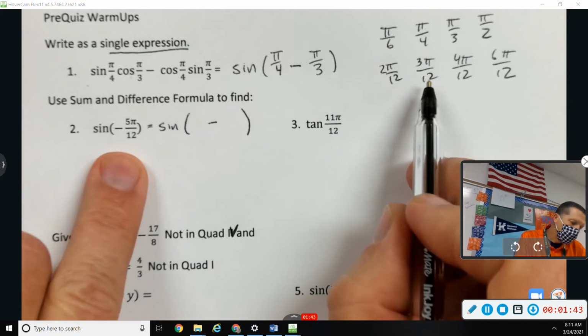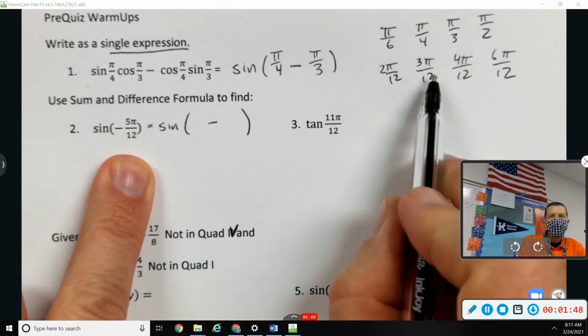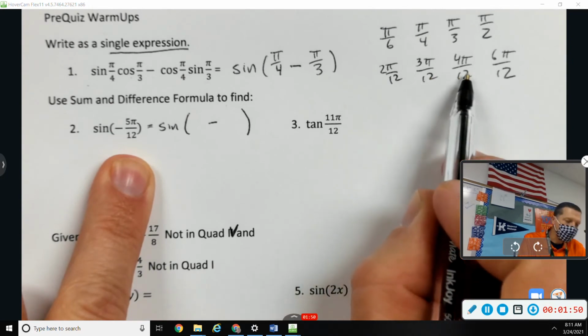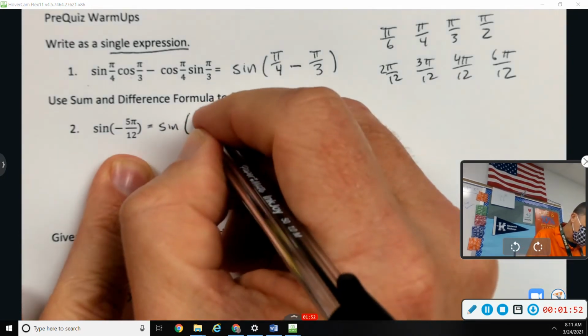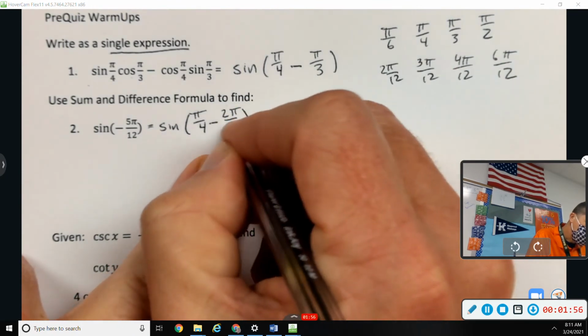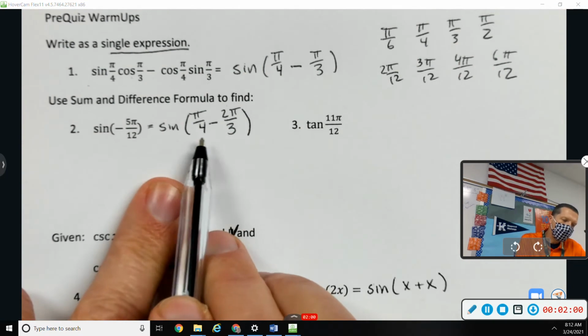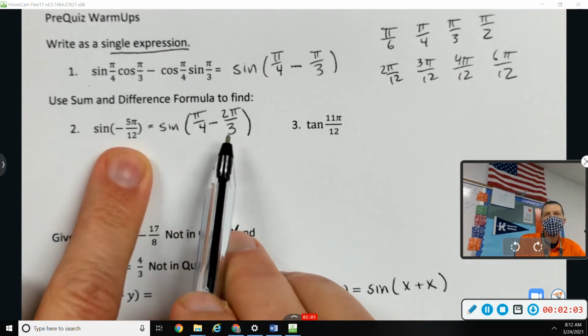I could do 3 minus 8 would get me negative 5. So one of these minus 2 of those. So pi over 4 minus 2 pi over 3, because 3 of them minus 8 of them would be negative 5.